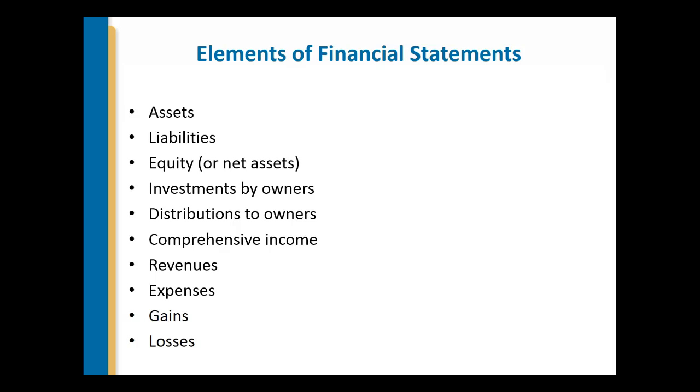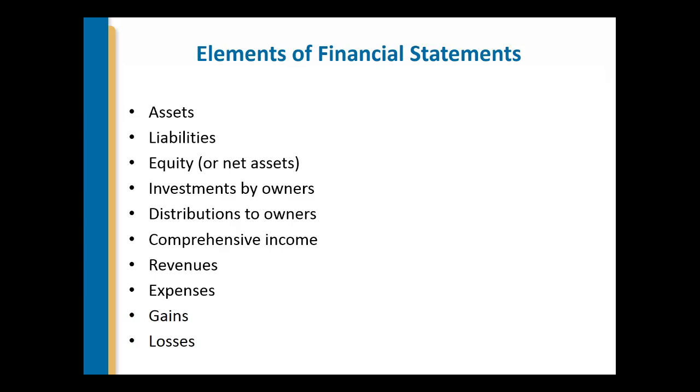Comprehensive income is the change in equity of a business enterprise during a period from transactions and other events or circumstances from non-owner sources. It includes all changes in equity during a period except those resulting from investments by owners and distributions to owners.